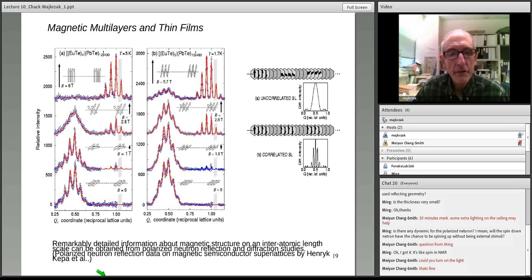So just to show you a few examples, here's a system of magnetic layers separated by intervening semiconductor layers, and how the ordering in the magnetic layers is affected by the properties of the electrons in the intervening semiconductor layers. And Henryk Kepa and company at University of Warsaw has done some very beautiful studies giving exquisite detail about the magnetic structures and how they're correlated or not in these systems.